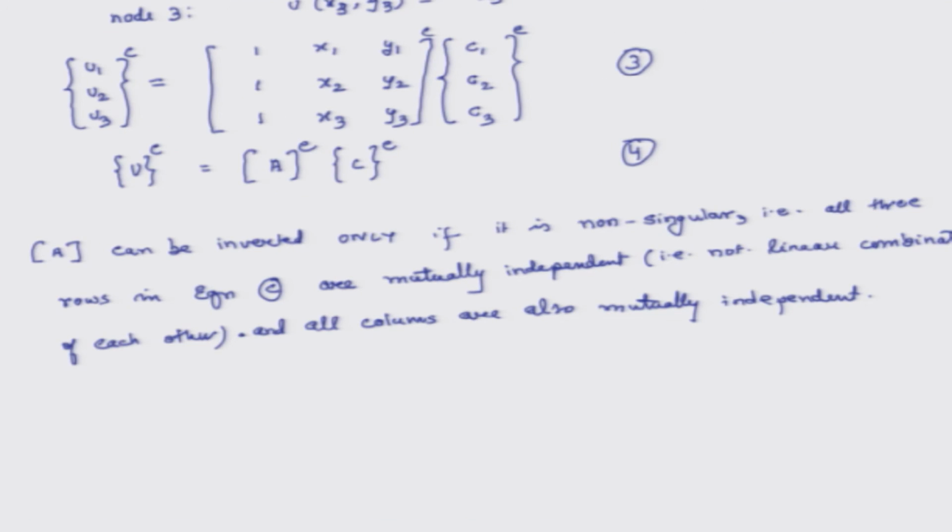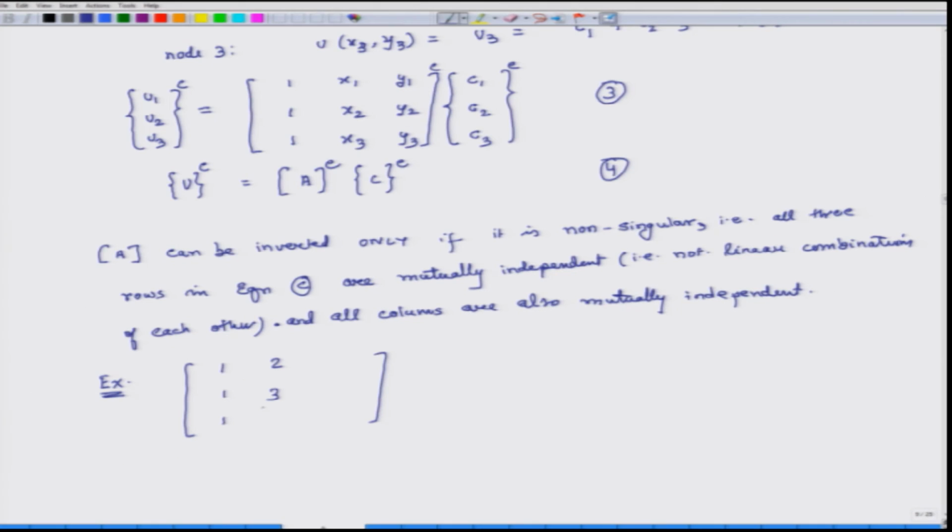What does that mean? Example: suppose matrix A is 1 2 3, 1 3 4, 1 7 8.